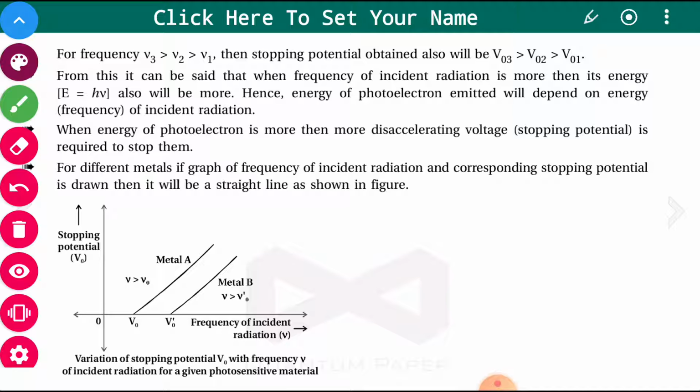For different metals, if a graph of frequency of incident radiation and corresponding stopping potential is drawn, then it will be a straight line as shown in the figure, or we can say as you increase the frequency of incident radiation, the stopping potential also increases. So we can say that the energy of the photoelectrons which are emitted from the photosensitive surface increases with increase in the frequency of incident radiation.